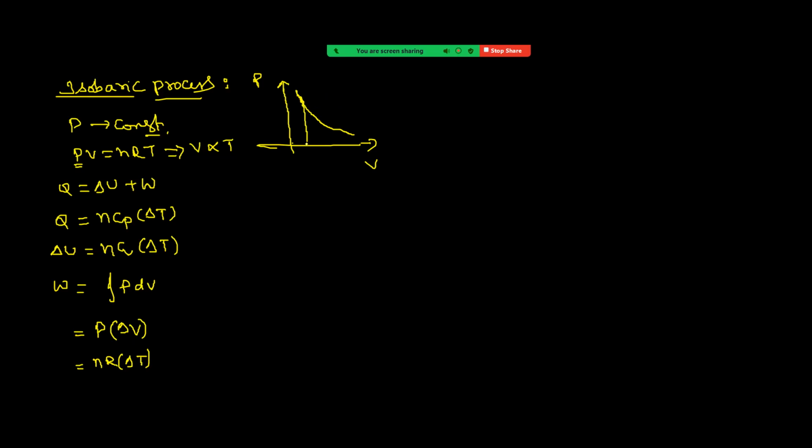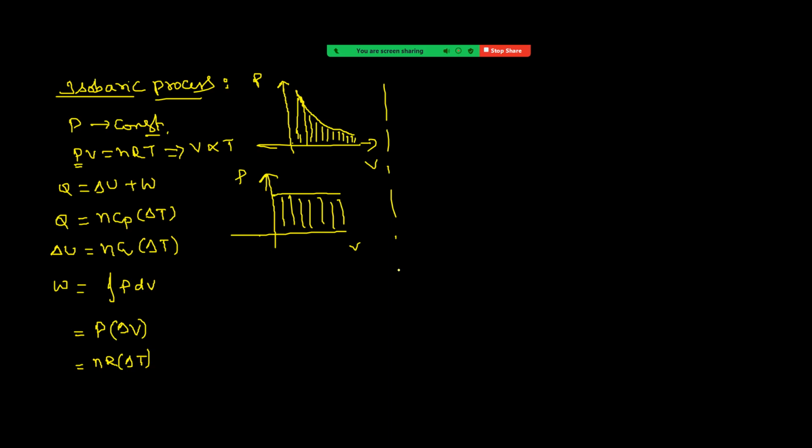If you are taking this area, that area gives work done by the gas. So area under pressure volume graph with volume axis gives work done by the gas. And when you are taking isobaric, P constant, so since P constant, it will be parallel to volume axis. Okay. That means now this is the area which gives work done by the gas.